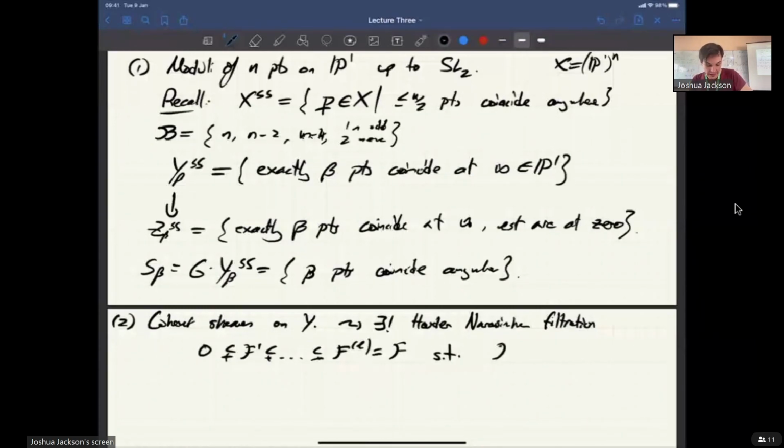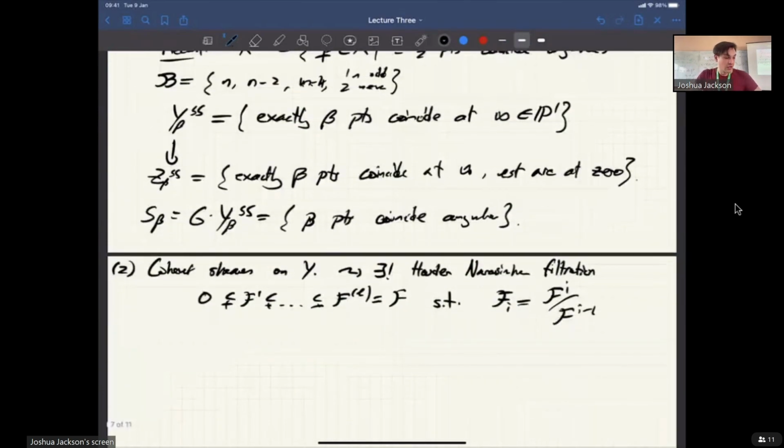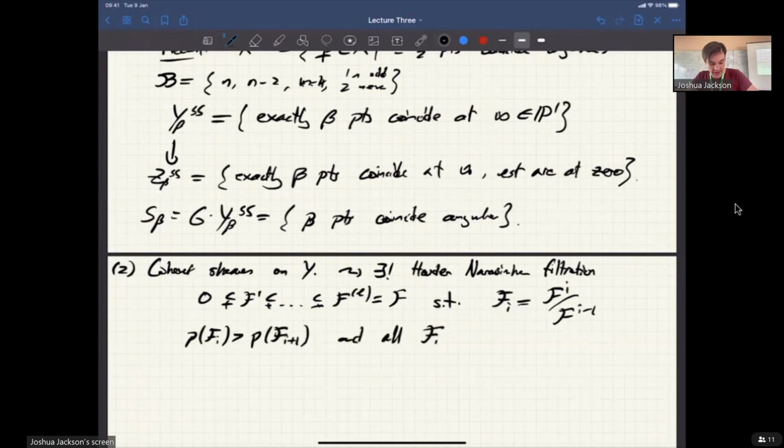So if I define F lower i to be F upper i over F upper i minus 1, so that this has the property that the reduced polynomials are decreasing, and all F lower i are semi-stable.